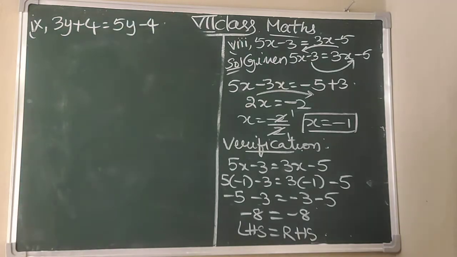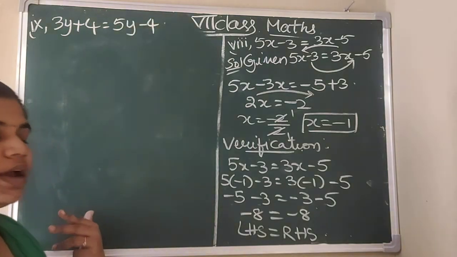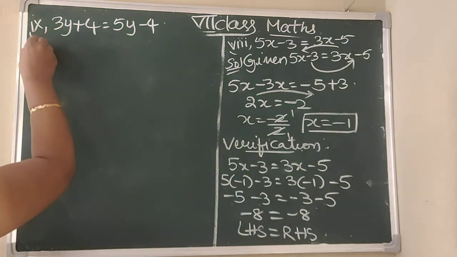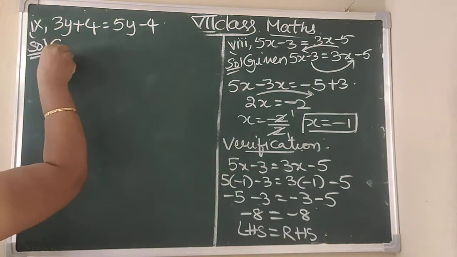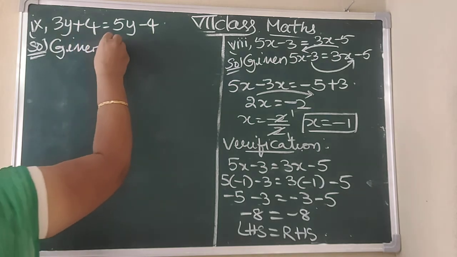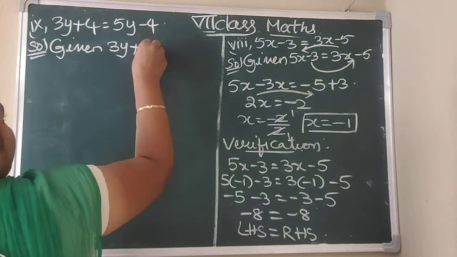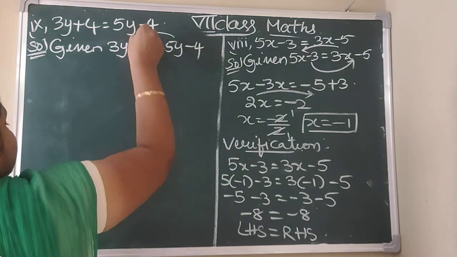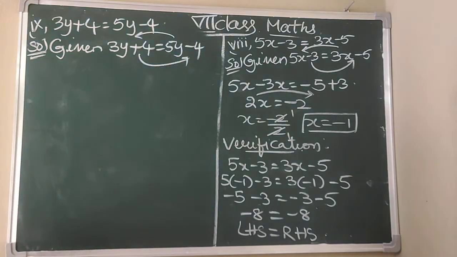In this case also I am bringing all the variables to one side and the constants I am taking to the other side. Given 3y plus 4 is equal to 5y minus 4. So I am sending this to this side and plus 4 I am taking to the other side, that will become minus 4, and this plus 5y if you take to this side will be converted to minus 5y.